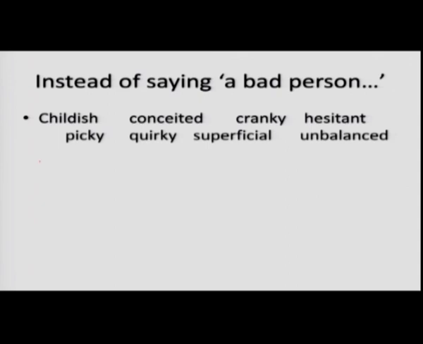You can say childish, conceited, cranky, hesitant, picky, quirky, superficial, unbalanced, and so on. Say childish means the person is very stubborn, doesn't see what others are saying, something like that. Cranky, gets angry very quickly, short tempered, and so on. So, being more specific helps.